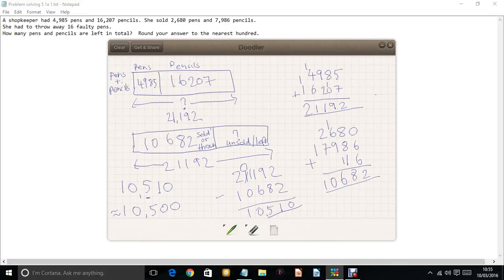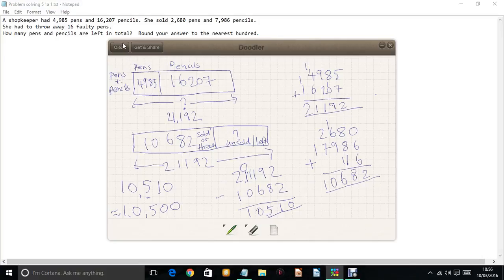If it's 4 or less, I round down. This number is a 1, which is 4 or less, so I'm going to round down. So my rounded answer is 10,500, and the squiggly equal sign means approximately. So the answer is 10,500.